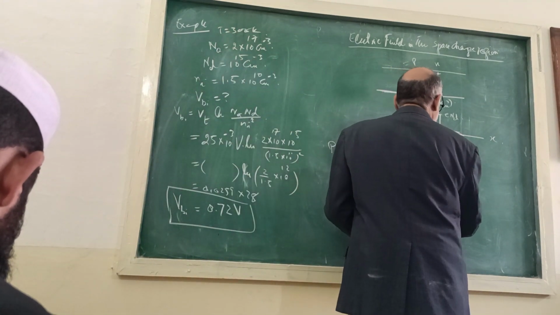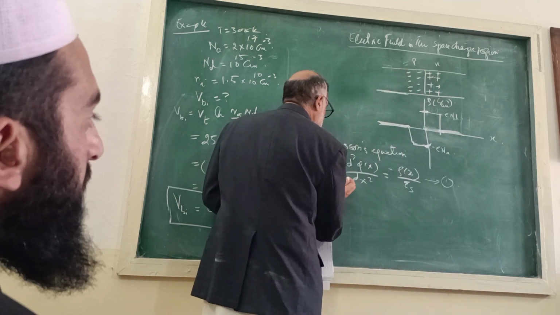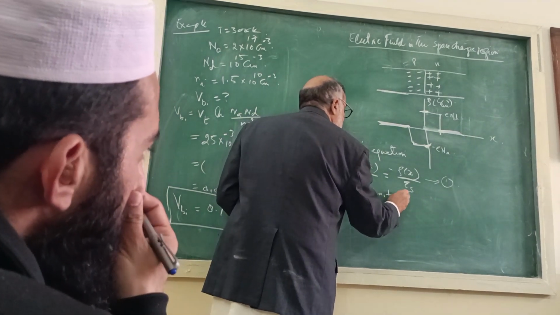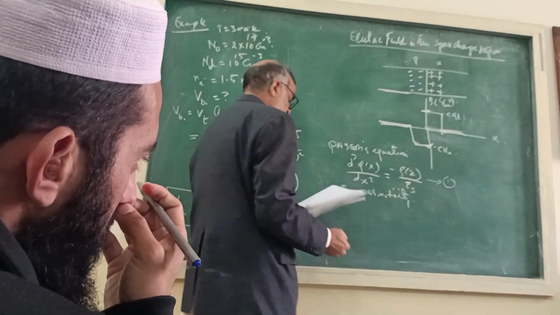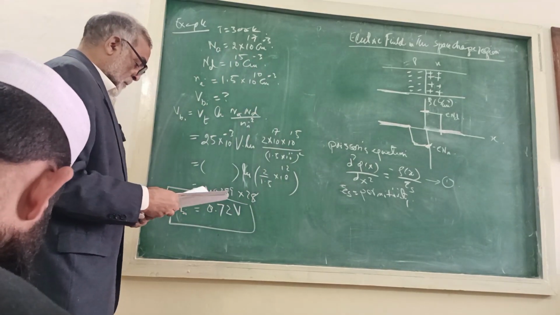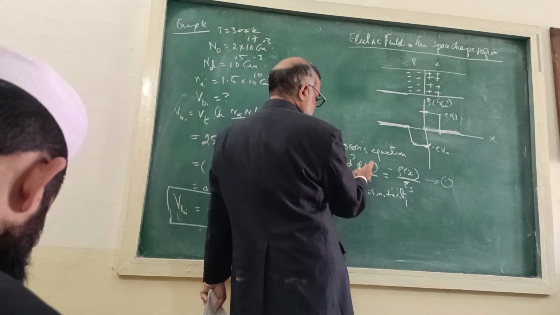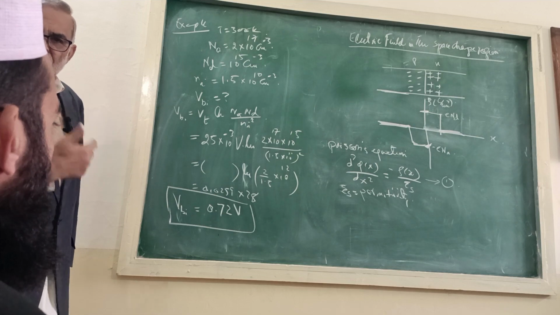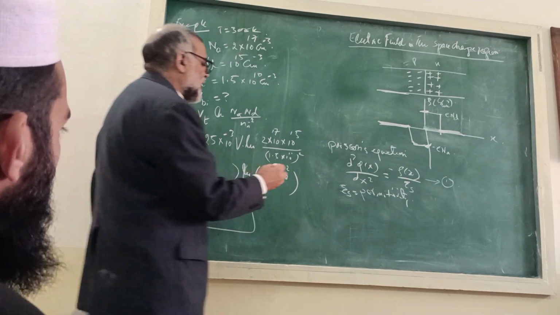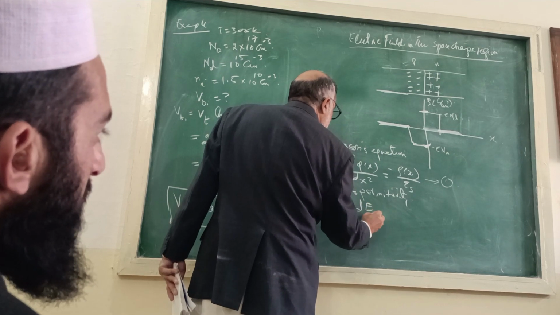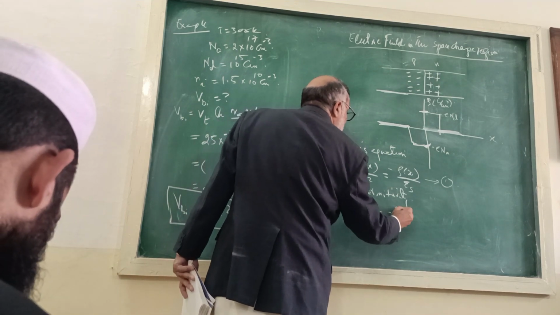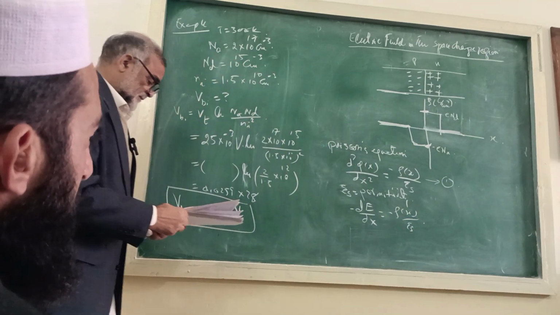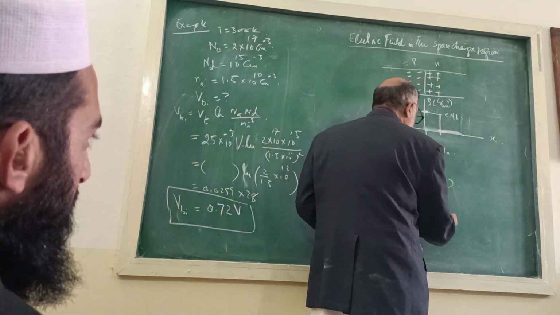We know that d phi by dx is equal to minus the electric field, so E is equal to minus the gradient of the potential. So minus dE by dx is equal to minus rho of x over Es. Minus minus goes.